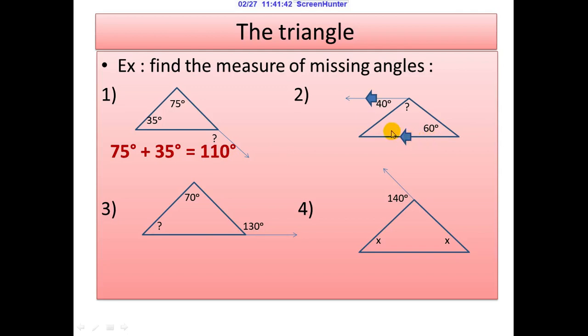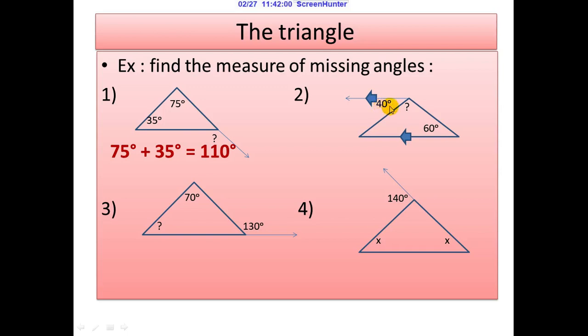Now we have here this side, or this ray, parallel to this side, and it gave me only this angle, 60 degrees, and this angle equals 40 degrees. I want to ask you, is this angle called an exterior angle?